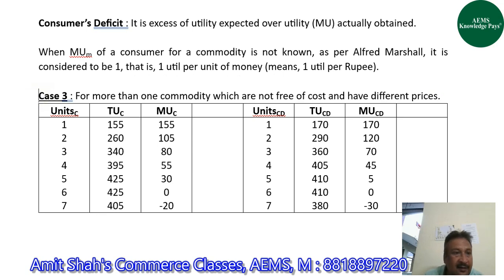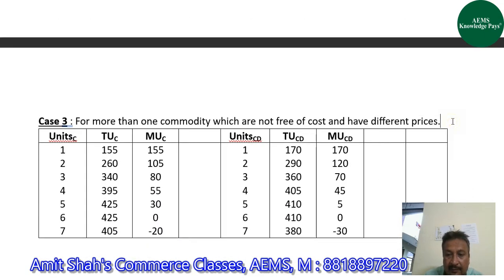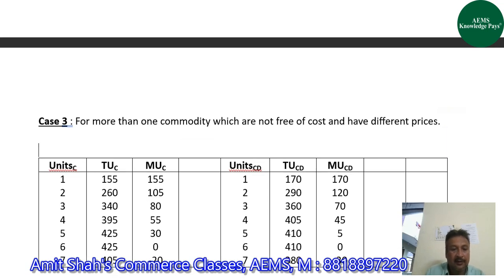Right, guys? Now, price of chips is, let's say, rupees 2. All this is very hypothetical data, guys, just to make you understand how a consumer determines his equilibrium. And price of cold drink is, let's say, rupees 3.